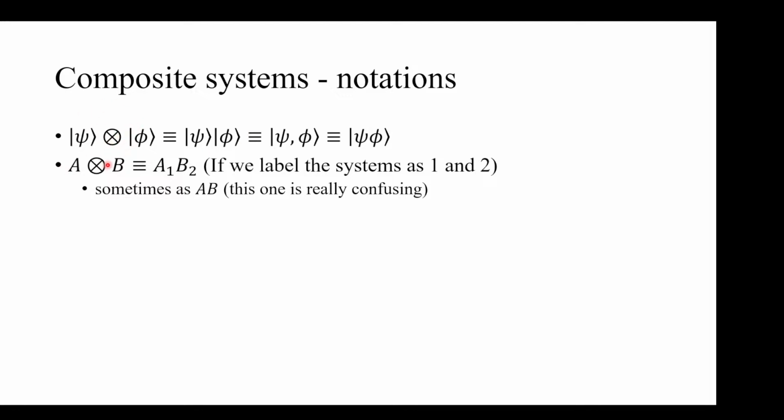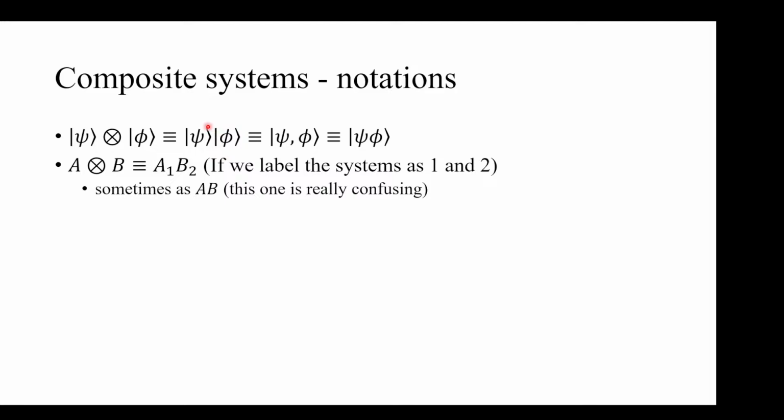We can just omit it, because it's not too ambiguous: there are basically no other ways to multiply two column vectors together. Instead of writing psi tensor phi, we just write psi phi, and this means psi tensor phi.